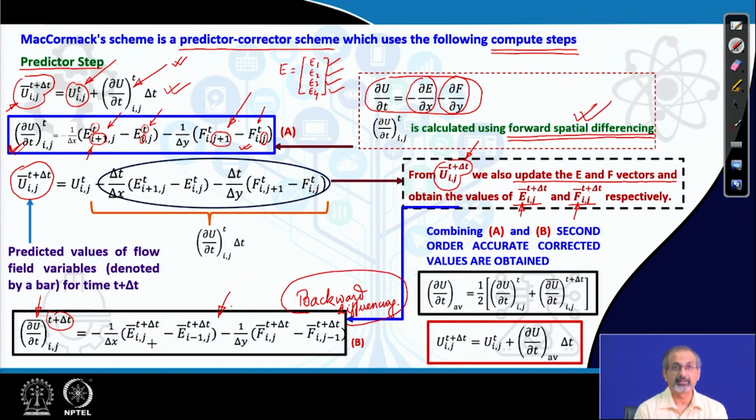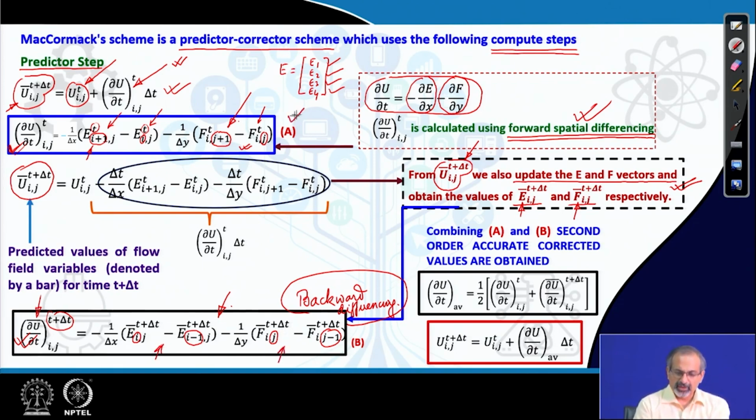So we are differencing the other way: (i, j) minus (i-1, j), (i, j) minus (i, j-1). Notice the directions: both along x and y we are using the backward directions. That helps us to assess this. Remember that this step is very important to get the E bar and F bar values, because those are the ones which are used here for the differencing.